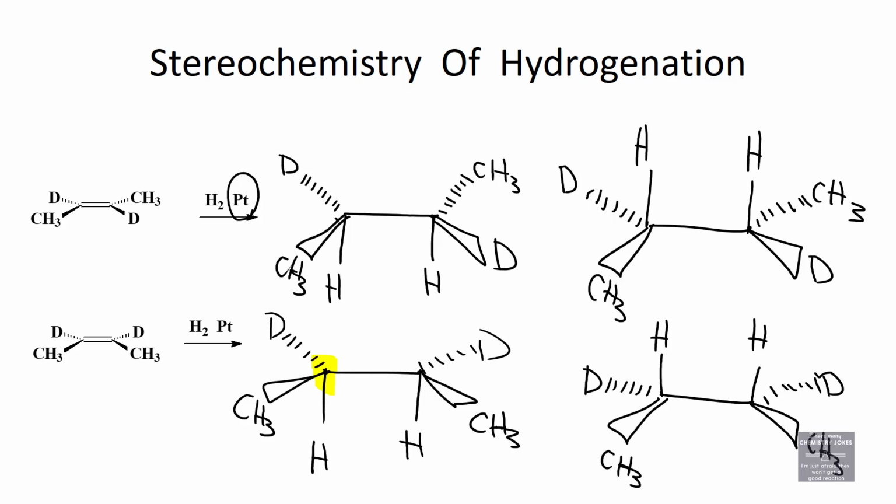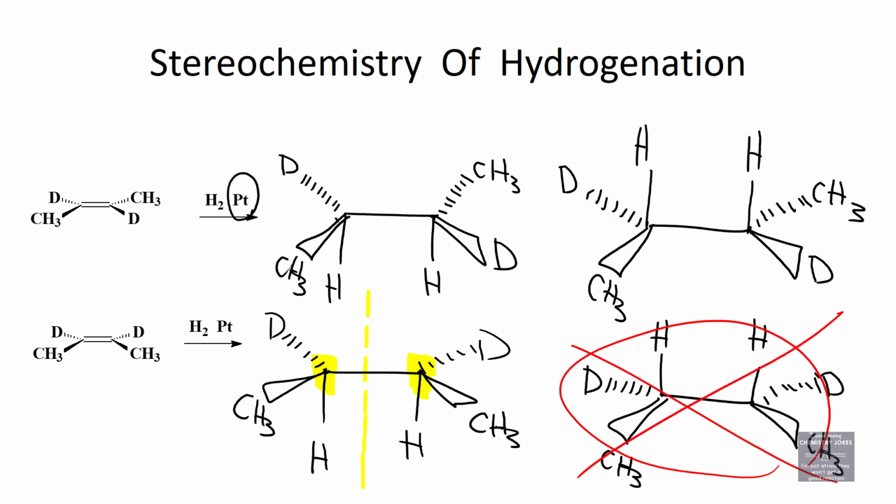Yep. Is that an asymmetric carbon? Yep. Is there a mirror plane going down the middle of that molecule? Yep. So since that's the case, that means that this bottom reaction does not create these two products. It creates only one product, only this product, because that product is meso.